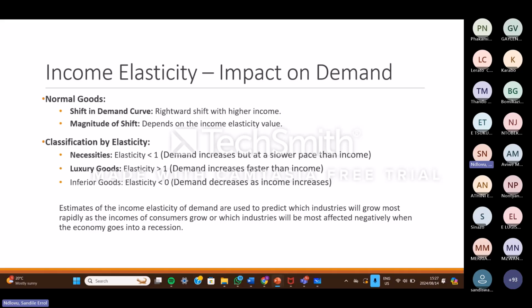Okay, I wanted to show the effect on a graph.